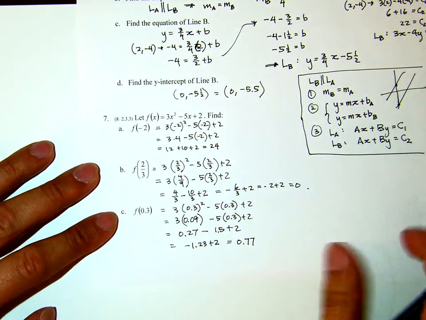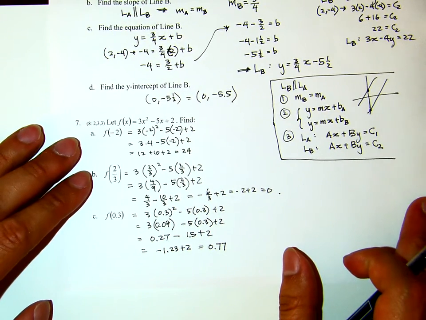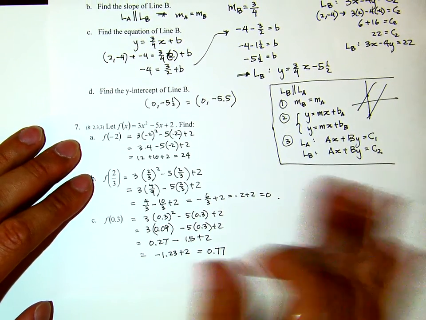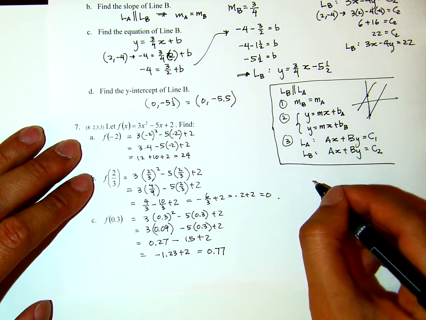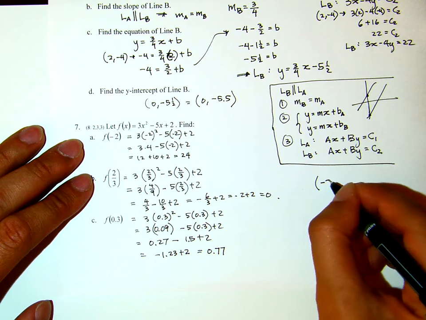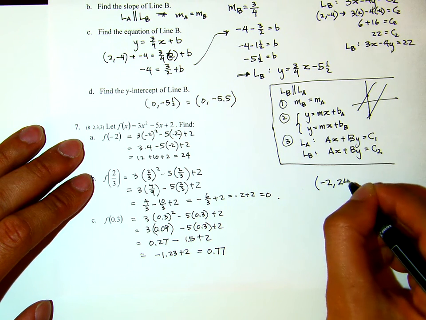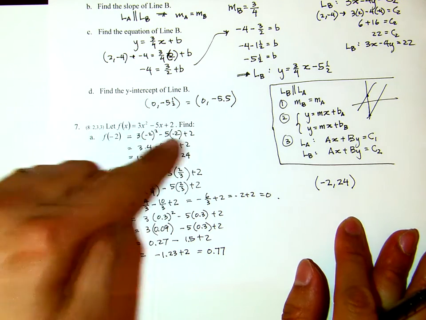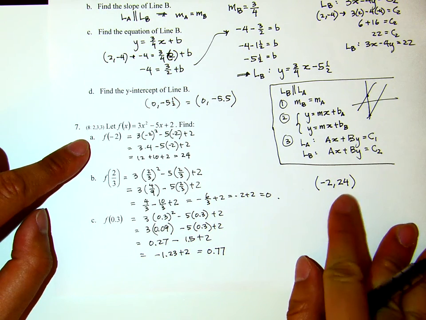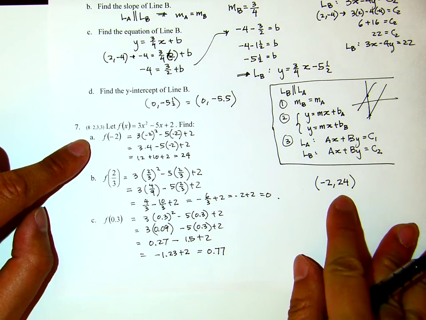Now let me say a little bit from here. With what we have here, it implies that in part A, when the x is 2, the y is 24. In future, if I try to graph this function, then that function will contain this coordinate.